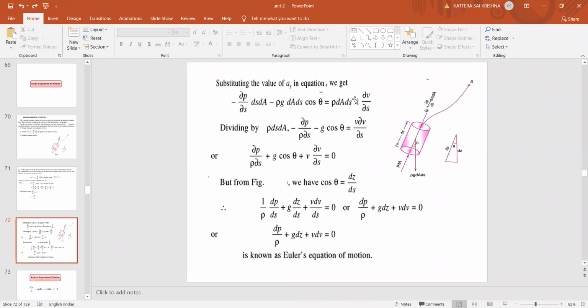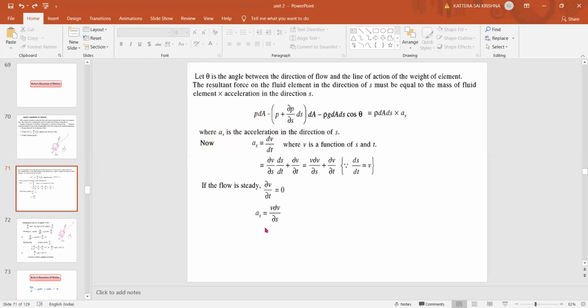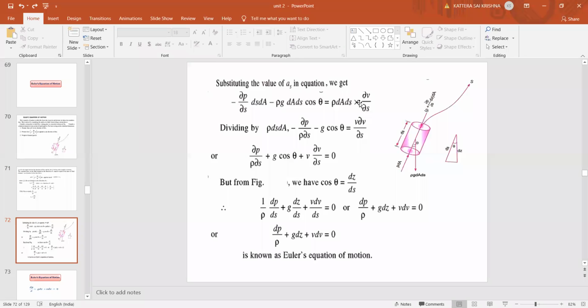Last point, if you see here, it should be multiplied by v ∂v/∂s because a is equal to v ∂v/∂s.